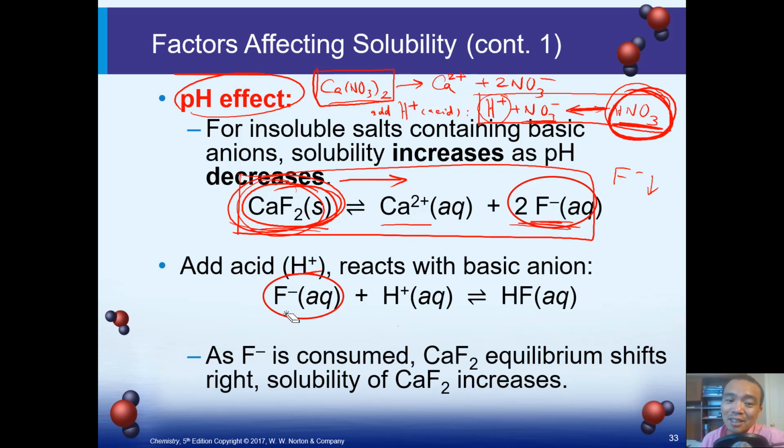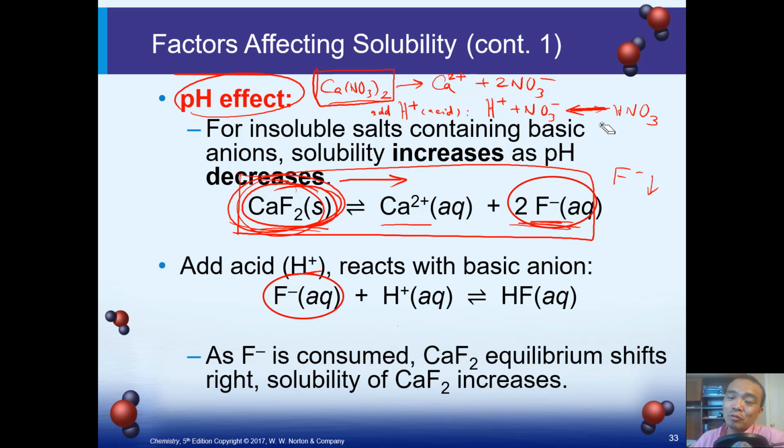This will decrease the concentration of F-, because you have the second equilibrium here, and HF is a weak acid, so the reaction will happen both ways. However, for nitric acid, it's different, because nitric acid is a strong acid. No matter how much H+ you add, this reaction will not go to the right side. Rather, it will go to the left side 100%.